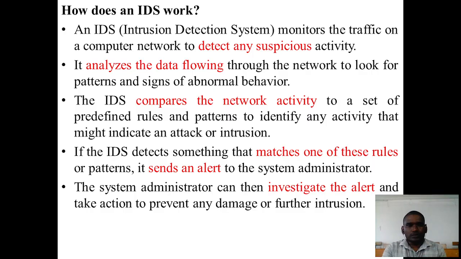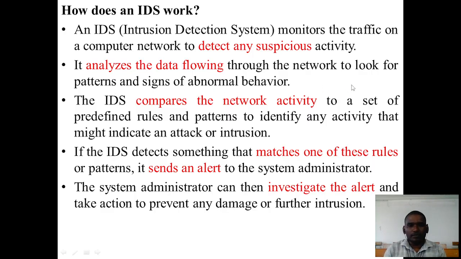Okay. So how does IDS work? IDS is an intrusion detection system. It monitors the network topics in computer networks and detects any suspicious activity. It analyzes the data flowing through the network to look for patterns and signs of abnormal behavior.